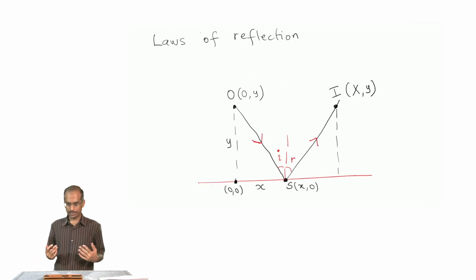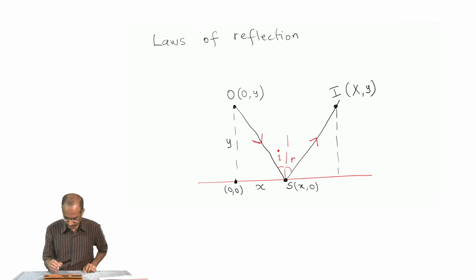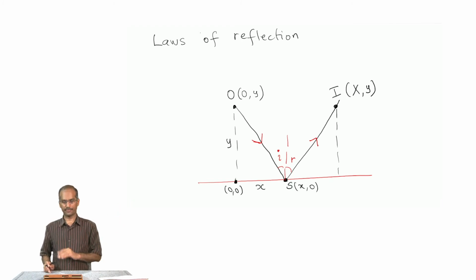So, what we have is this surface S, and there is an incoming incident wave which comes from the left of this point S and gets reflected at this surface S, and you have this reflected component.